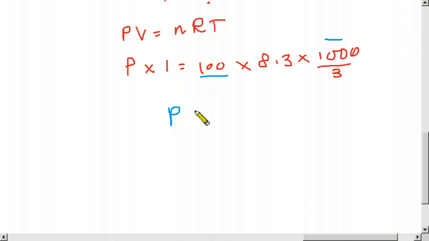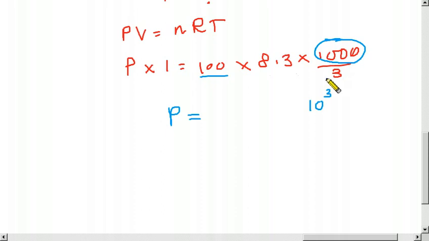P, only P at the left side. Let us take this 10 power 2 separately and write this 10 power 3 separately.